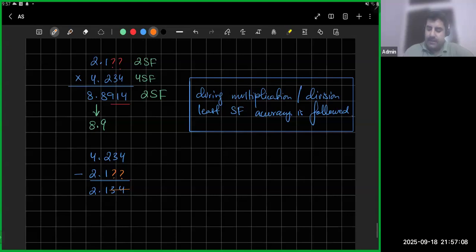So during addition and subtraction, the rule is slightly different. Least decimal places are followed.